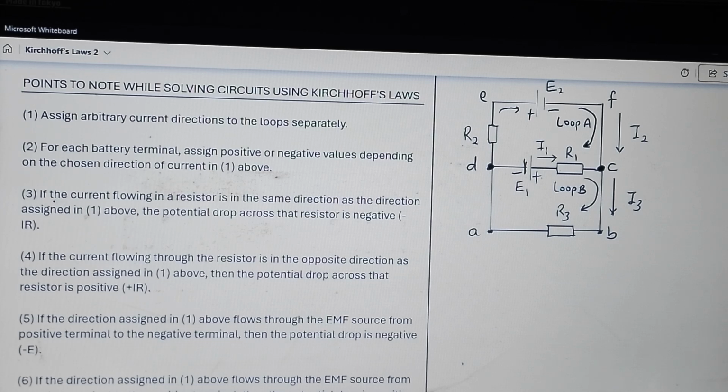Then if the current flowing in a resistor, that's point 3, is in the same direction as the direction assigned in one above, the potential drop across the resistor is negative. What do we mean by that statement? We have assigned a direction of current in the clockwise direction, as taken note by point 1.